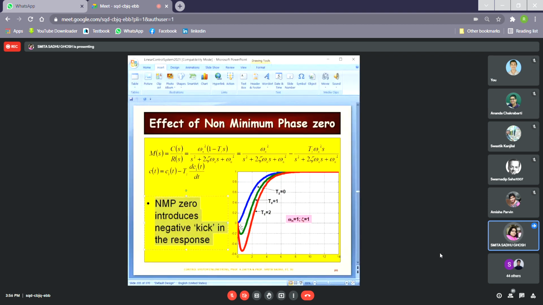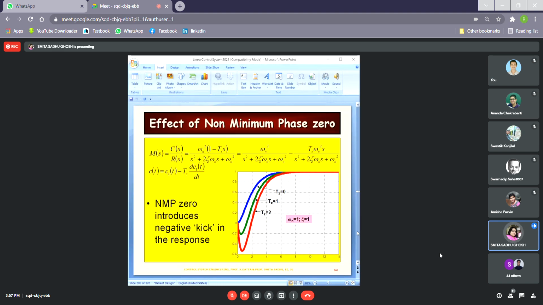So if you have a time response given to you and you find that it has gone to the negative side before rising to the positive side, you can just close your eyes and say that there must be a non-minimum phase zero. I mean, there is a high chance of occurrence of a non-minimum phase zero if you observe such a response, that is, a response which has a negative kick before going to the positive side, right? So that is the effect of a non-minimum phase zero.